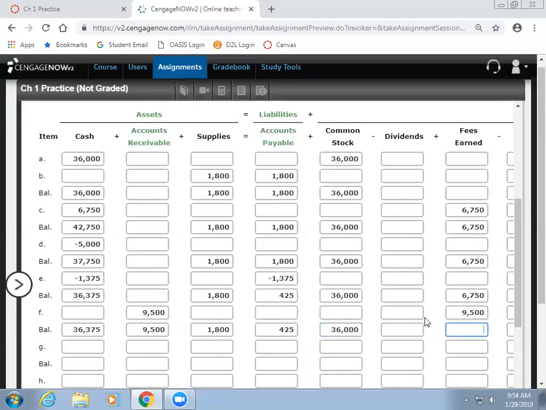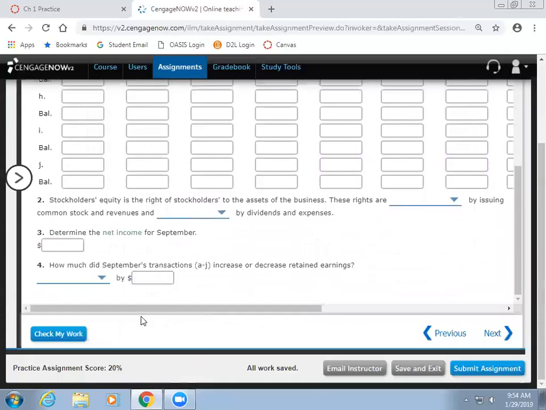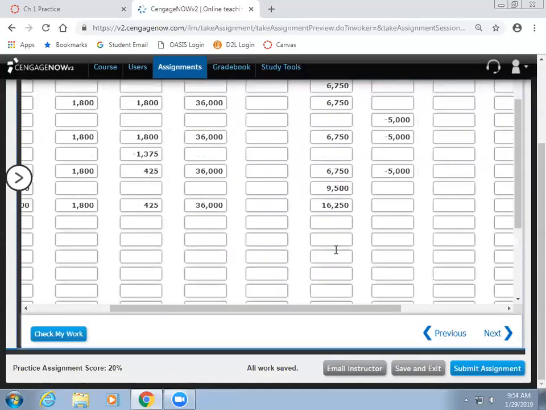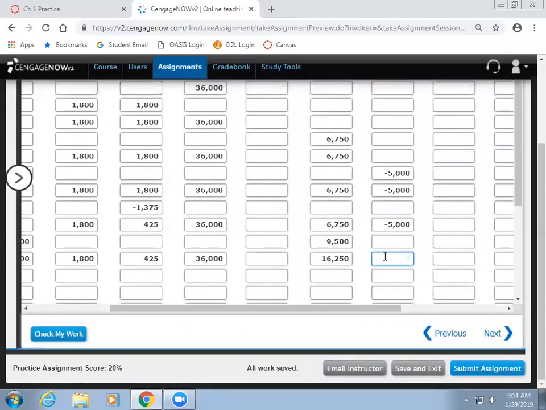Fees earned. What's my new fees earned amount? $16,250. Perfect. Thank you. $16,250. My scroll bar ran away again there. Sometimes it's there. And then rent is still a negative $5,000.